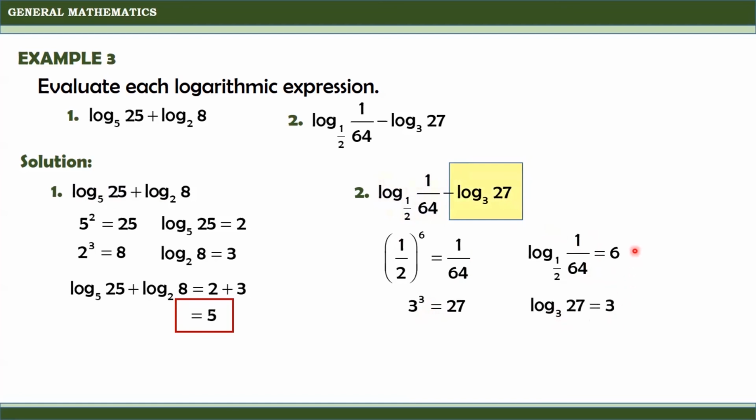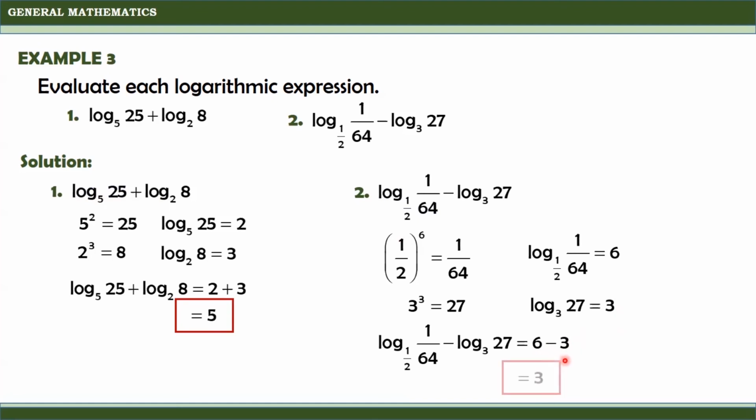With the values of 6 and 3, we can now equate the expression by 6 minus 3. Simplifying 6 minus 3, it will give us 3. Therefore, the expression logarithm of 1 over 64 to the base 1/2 minus logarithm of 27 to the base 3 is equal to 3.